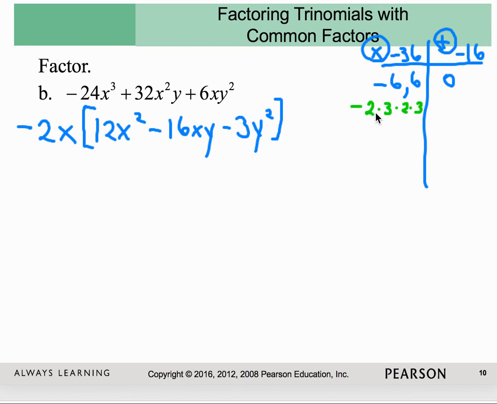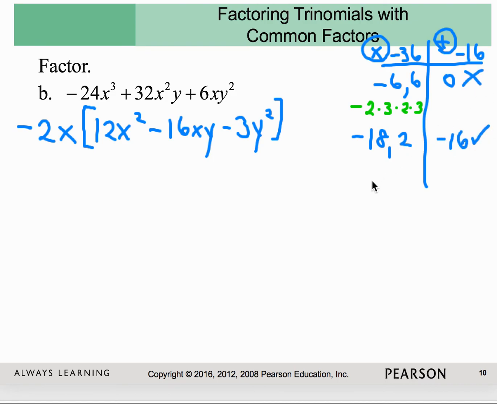Now, one of them's got to be negative. Okay, so I can see all of my different options. There's the 6 times 6, right? There's 6 times 2. There's the 12 times 3. Okay, if I put these three together, that's 18 and 2, right? That's what I need. So I need to use negative 18 and positive 2.